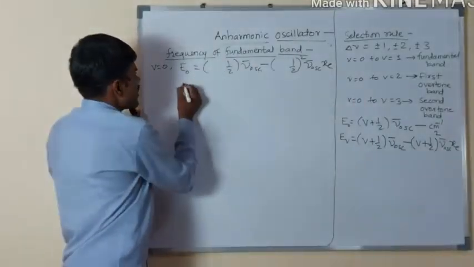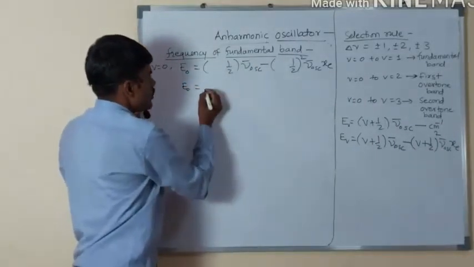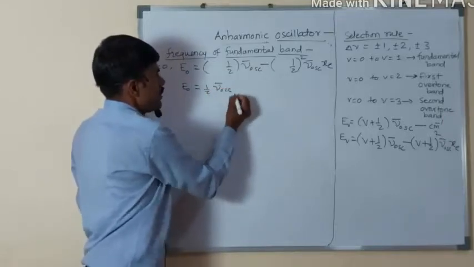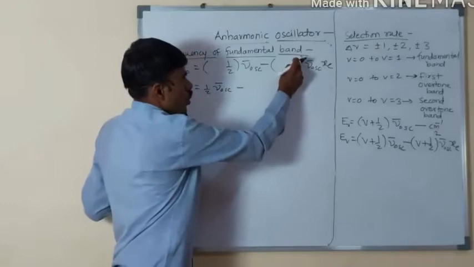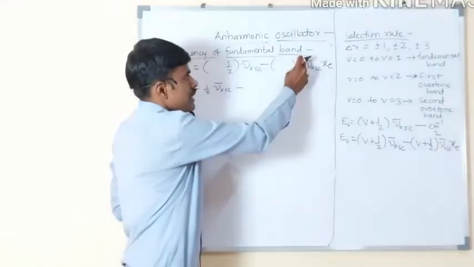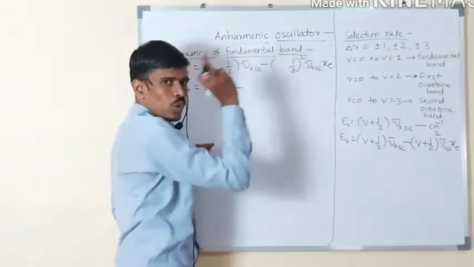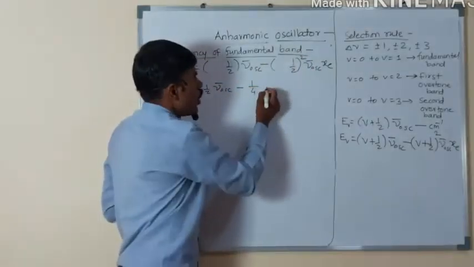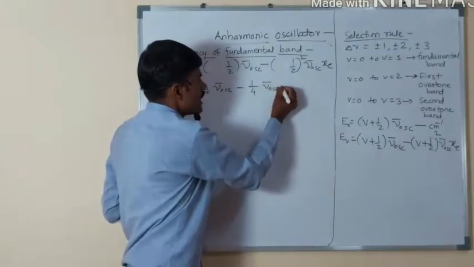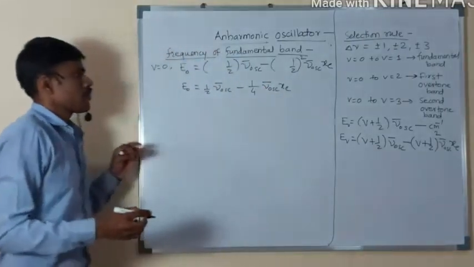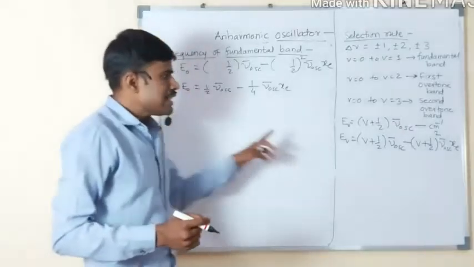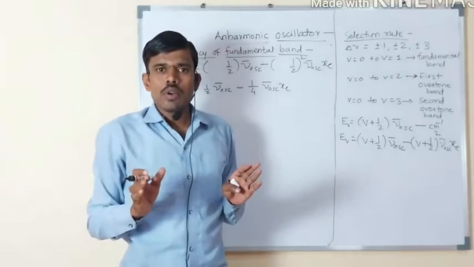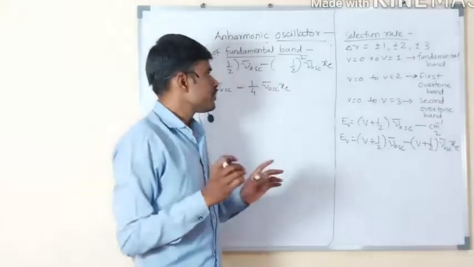So the remaining is E0 equal to 1/2 nu bar of oscillation minus (1/2) squared, this is the square term. 1 squared is 1, 2 squared is 4, so 1 upon 4 nu bar of oscillation into Xe. This is the energy of vibrational state having v equal to 0.